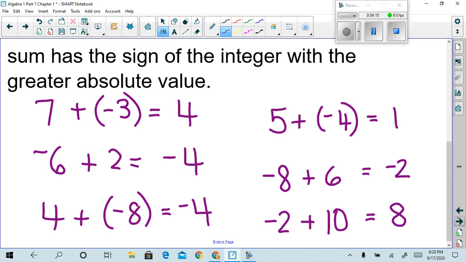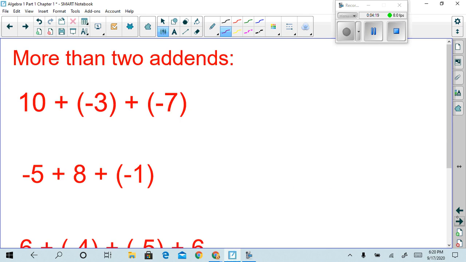I'm sure you have all worked with this rule before. I'm going to take this one step further today. I'm going to look at when there are more than 2 addends. If I'm looking at more than 2 addends, I could use my left to right rule of PEMDAS, but instead I'm going to look for the same signs. I'm going to try to make my life a little easier.